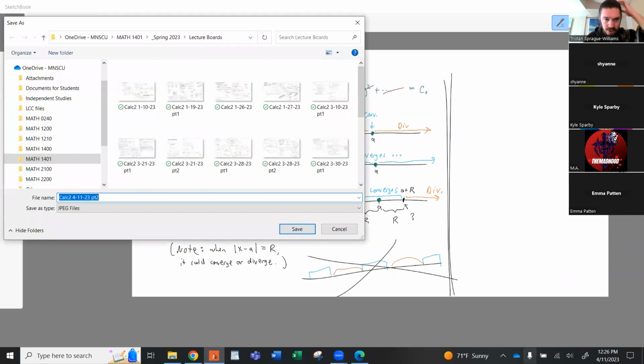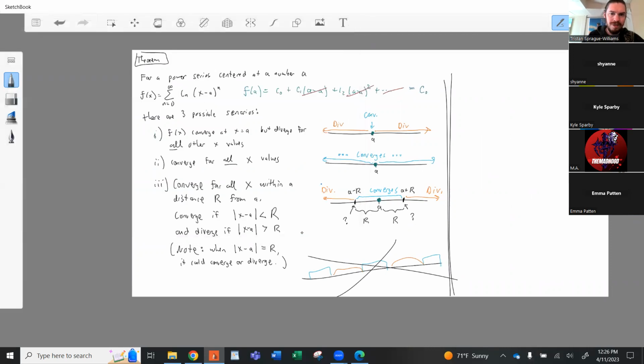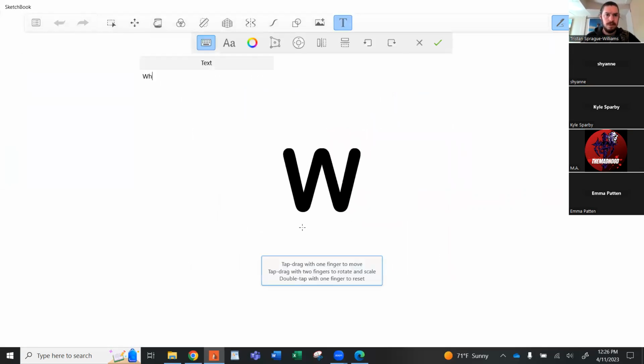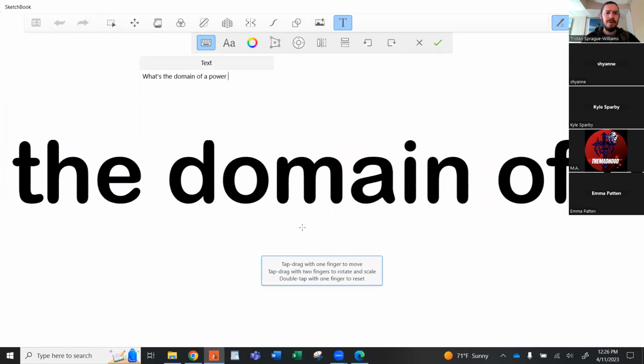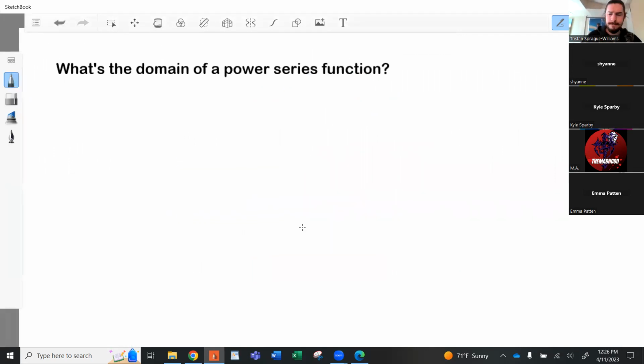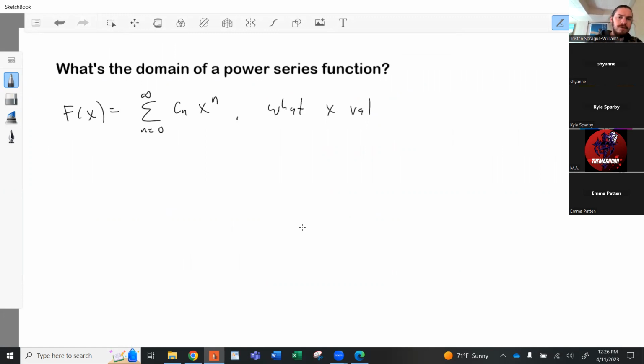Now, how do you actually figure out what that interval of convergence is? What's the domain of a power series function? If f of x is defined by a power series, what x values are the valid inputs?